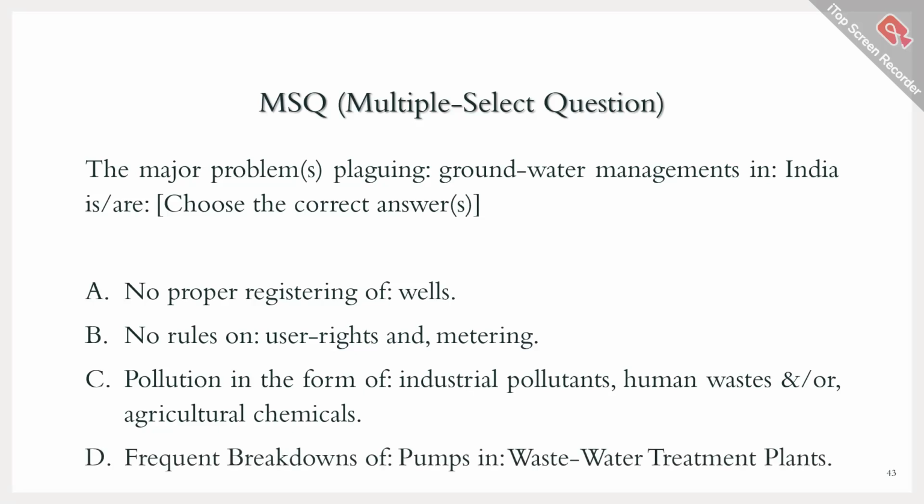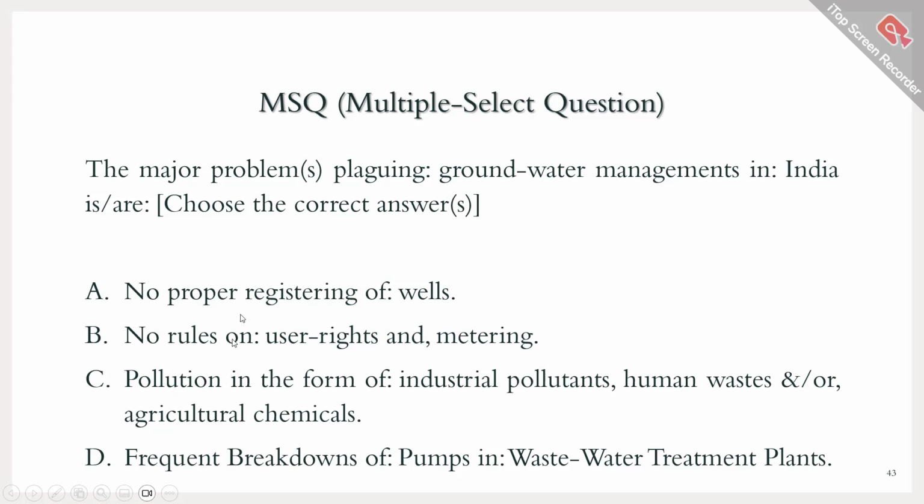Option D is frequent breakdowns of pumps in wastewater treatment plants. More than one may also be correct. So, which problems are plaguing groundwater management in India?